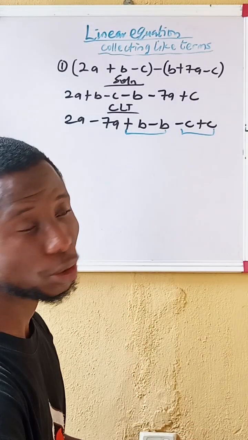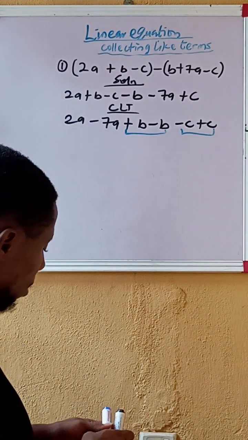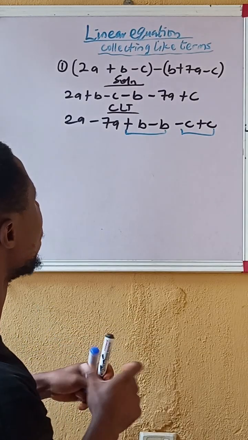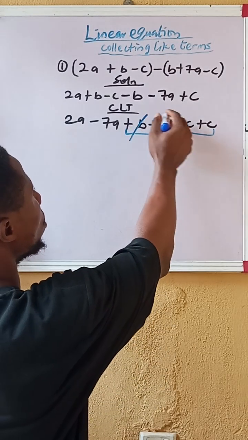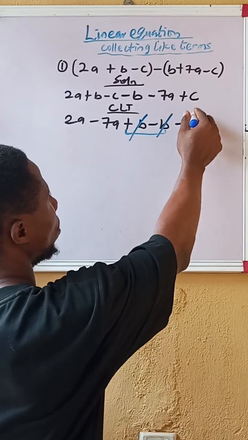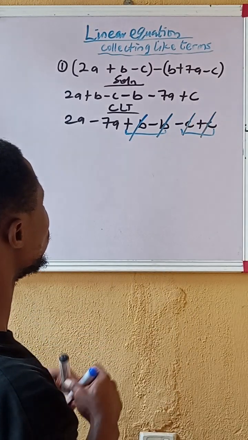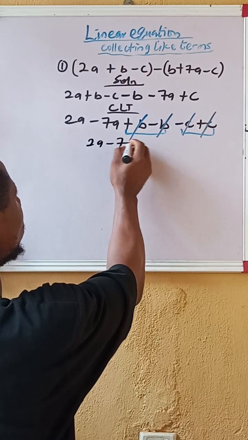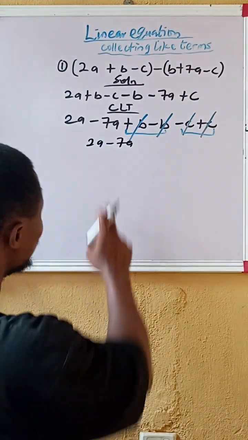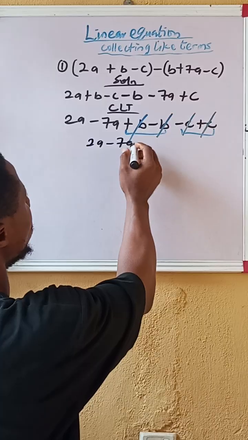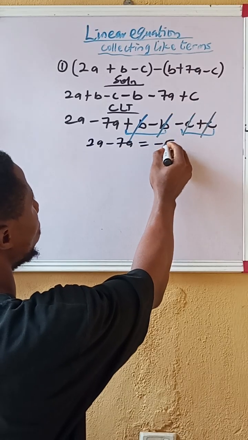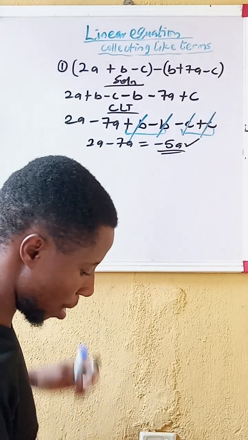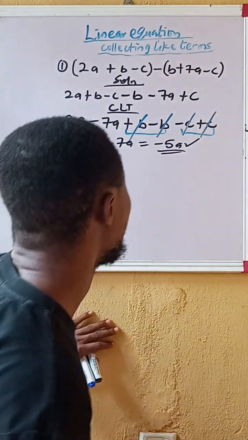That is how to solve it. You just cancel it out. So plus b cancels out minus b, while minus c cancels out plus c. So we are left with what? 2a minus 7a. All right, so 2a minus 7a is going to give us minus 5a, and that is the final answer.